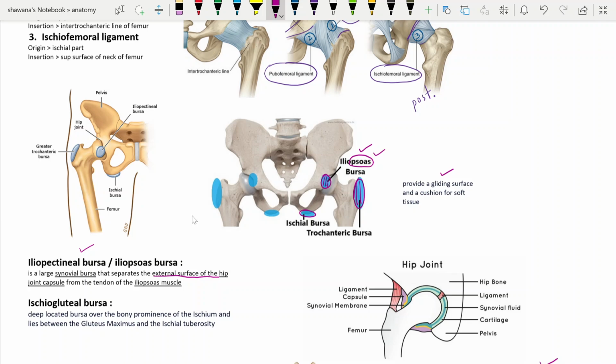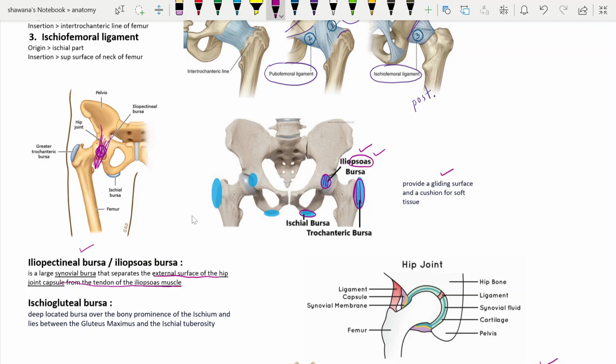So this is the iliopectineal bursa, and on the anterior side there is the iliopsoas muscle. It separates the external surface of the hip joint from the tendons of the iliopsoas muscle, preventing friction between the two structures, the muscle and the joint.